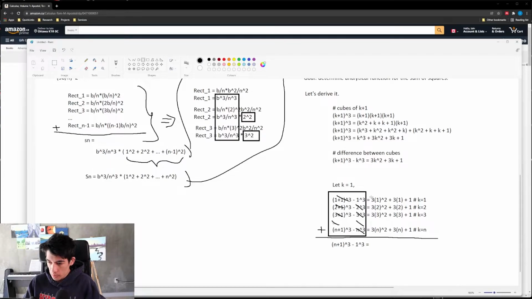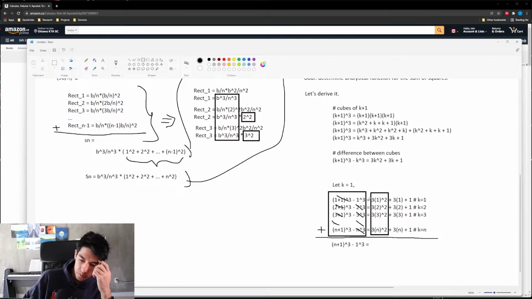We also know that there's patterns on this side. So there's this pattern where it's 3 times some increasing number and the square of that number. We can factor this out, right?